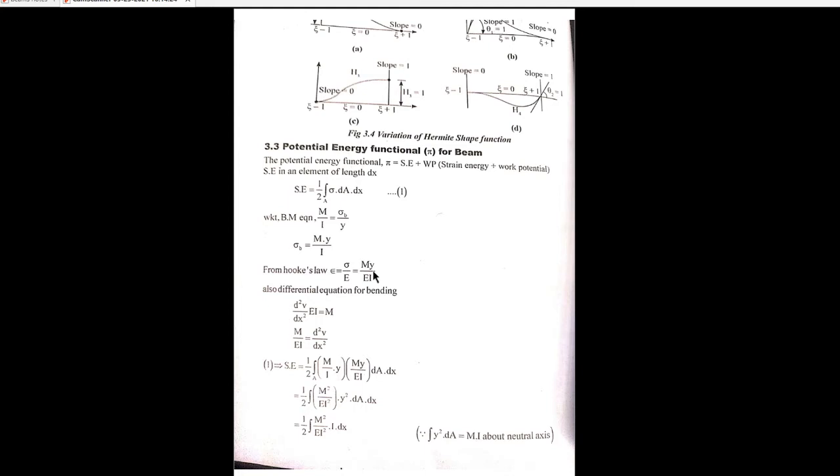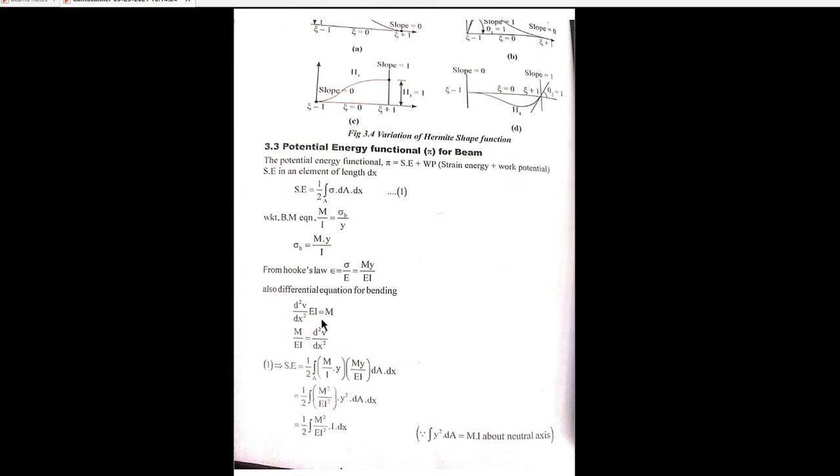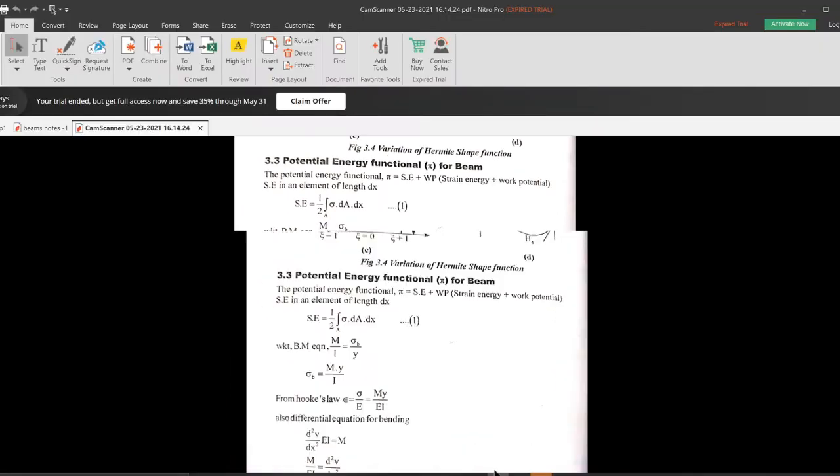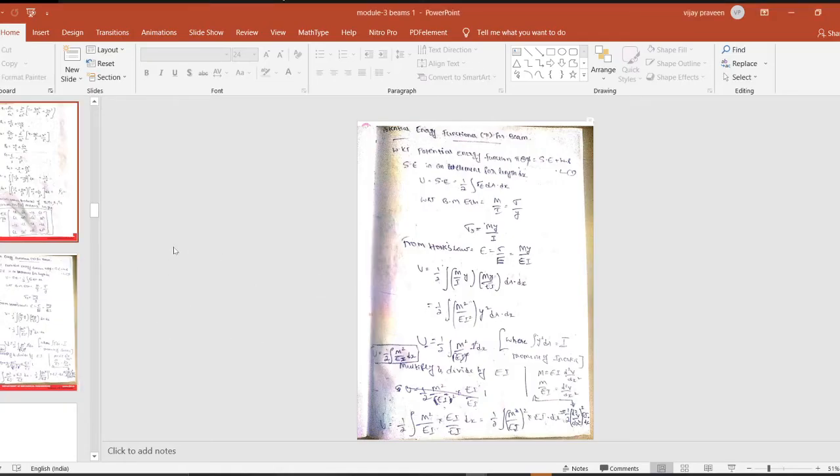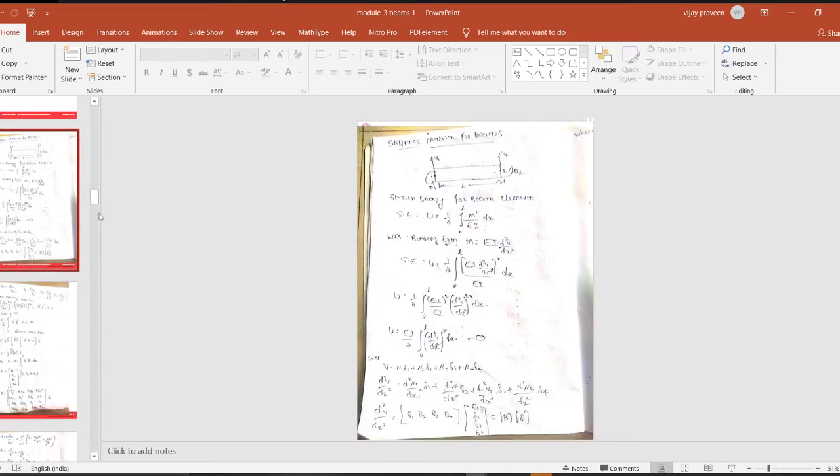Also we know the differential equation for bending, which we considered previously in the stiffness matrix derivation. Hope you can remember that. M is equal to EI d square v by dx square.